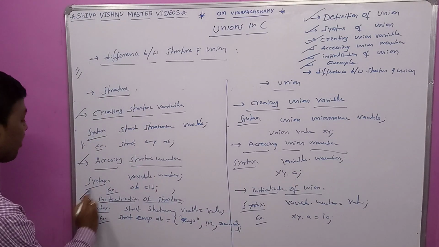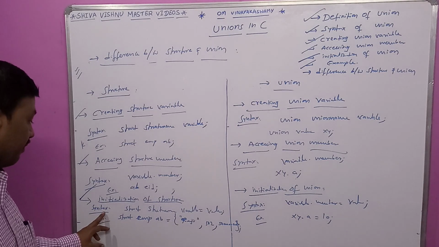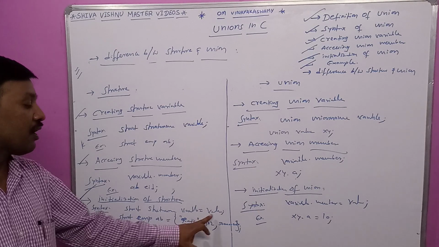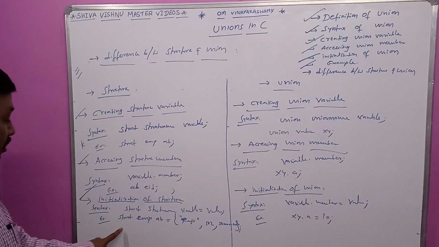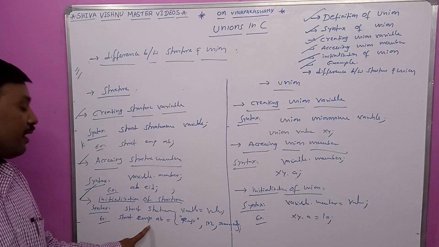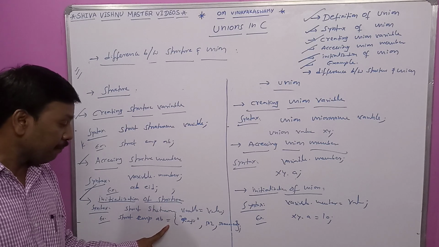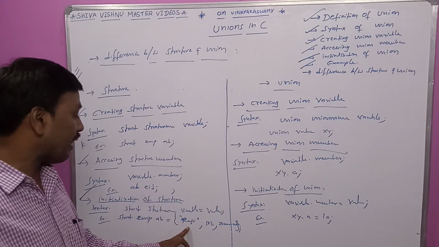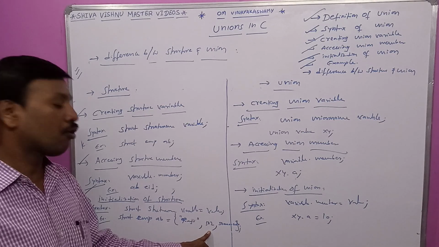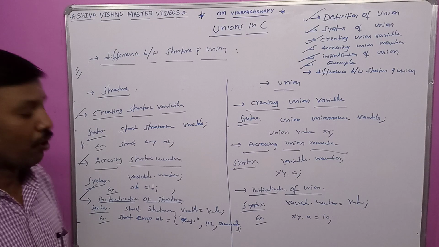Next is the initialization of a structure. You follow the syntax: structure name, variable, assignment operator, value, semicolon. For example, struct emp is the structure name, AB is the variable, assignment operator, open brace, employee name "Raju" within quotes, comma, employee ID 502, comma, salary 50,000, close the brace, semicolon.